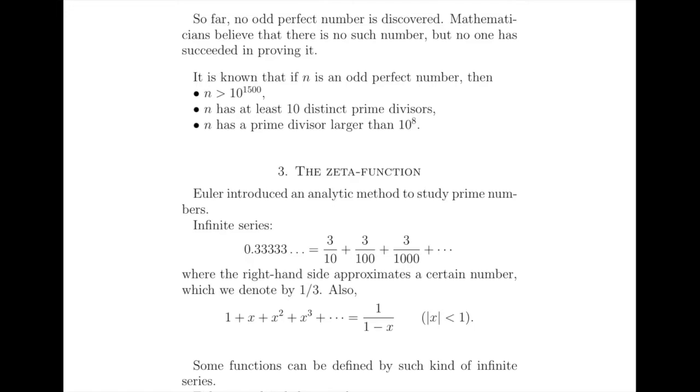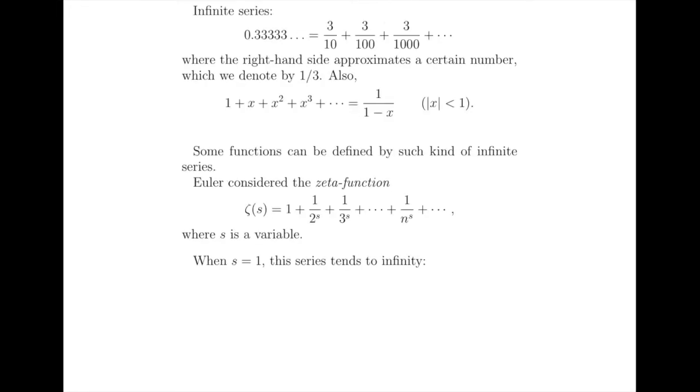These are the notions of infinite series. And by such infinite series, we can define many functions. Among them, there is the so-called zeta function, which was introduced by Euler. It is written as the following infinite series. Zeta of s is defined by this infinite series, 1 plus 1 over 2 to the s plus 1 over 3 to the s plus, etc. And s is to be regarded as a variable.